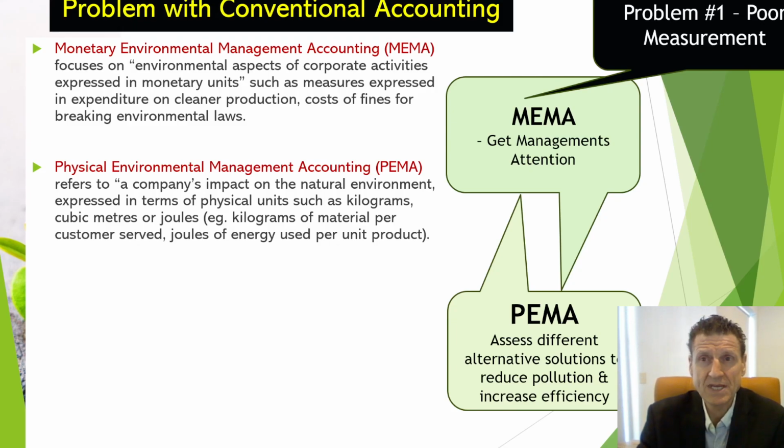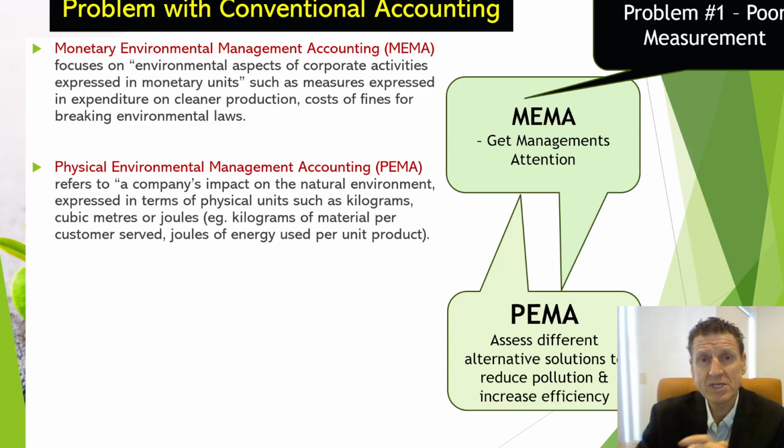So we start measuring kilograms of material per customer served, joules of energy. We start measuring kilowatt hours of electricity. We start measuring tons of water used each week, each month, each year. And let's see if we can reduce that amount of water in the following year.